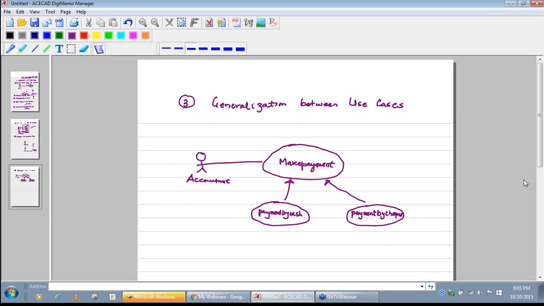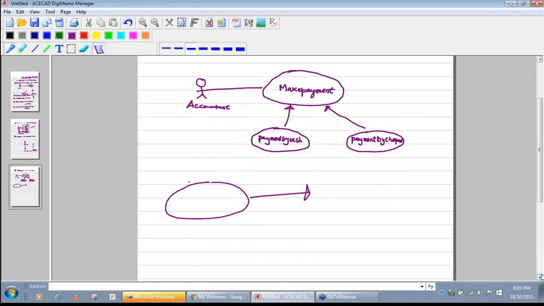The arrow always points from the specialized use case name towards the generalized use case name.